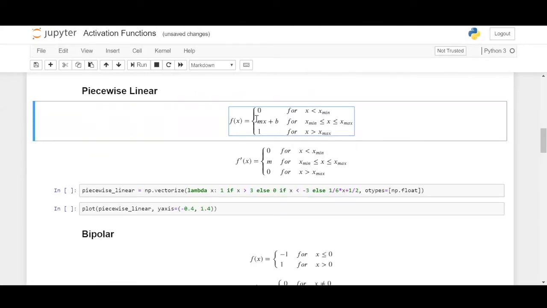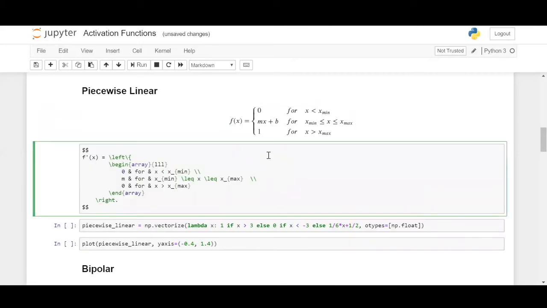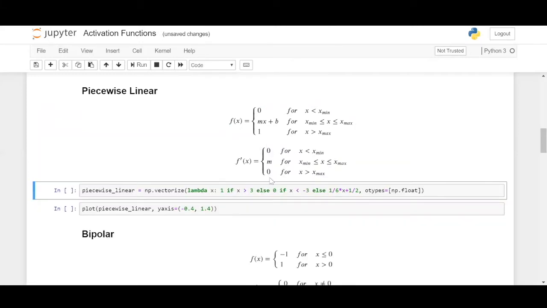Similarly, for the derivative: d by dx of 0 is 0, d by dx of mx plus b is equal to m, and d by dx of 1 is equal to 0. So this is what the derivative values are.